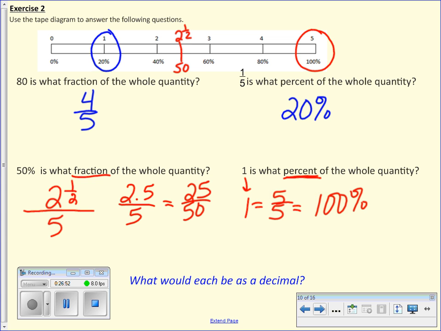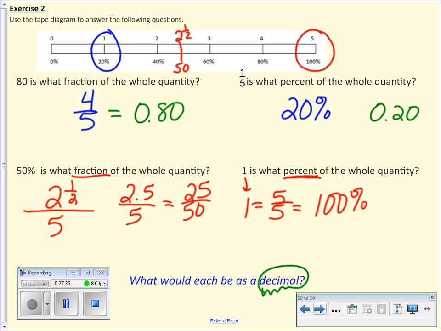Let's go back and quickly write each one as a decimal now. So what is 4/5 as a decimal? 0.80 or 0.8. Let's write this down, please. What is 20% as a decimal? 0.20. What's that next one as a decimal?